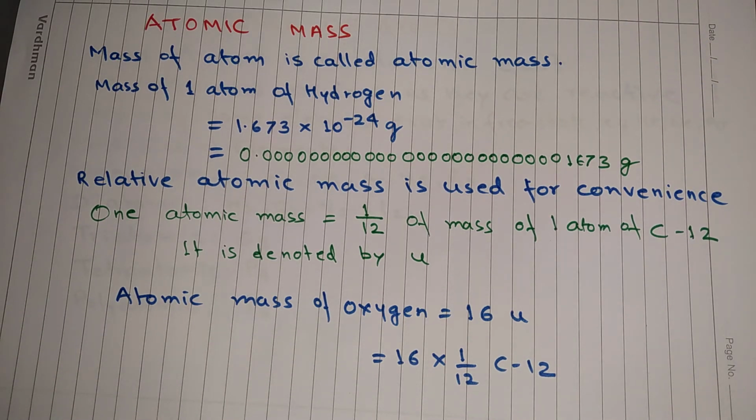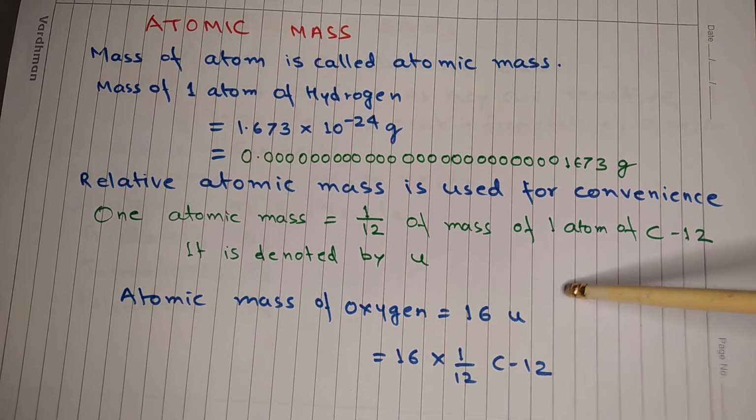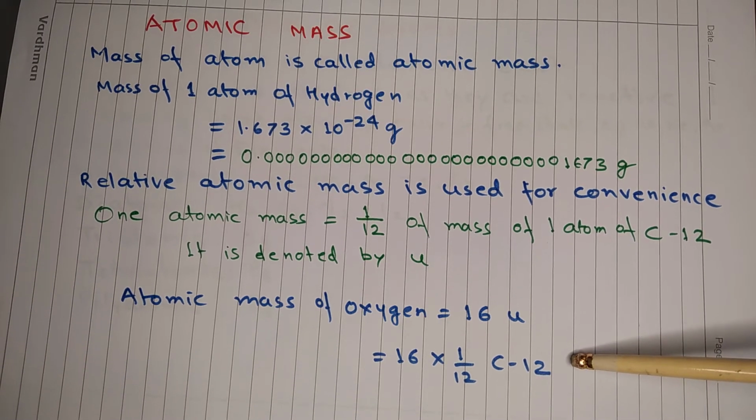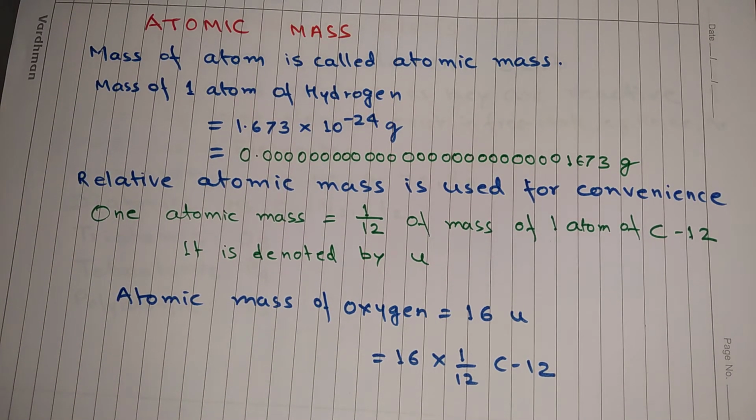So, if we say that the atomic mass of oxygen is 16 u, this means that it is 16 times 1/12 of the mass of one atom of C12. Similarly, if you say that the atomic mass of hydrogen is 1, it means it is just 1 times the 1/12 of the mass of one atom of C12.